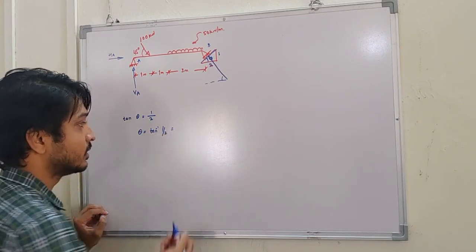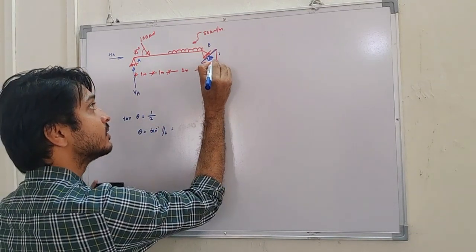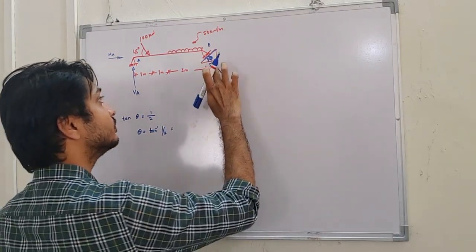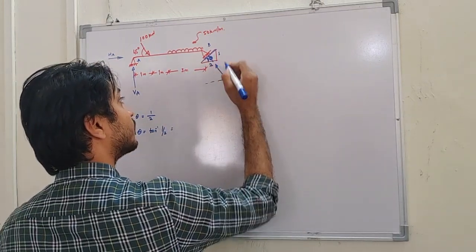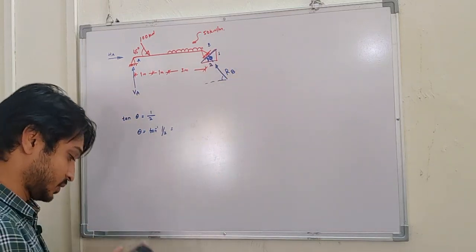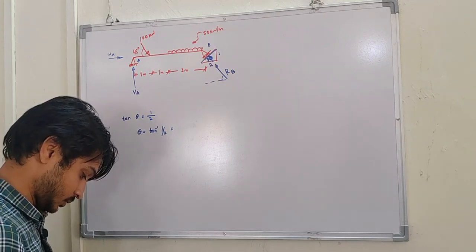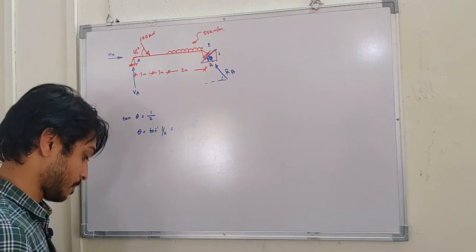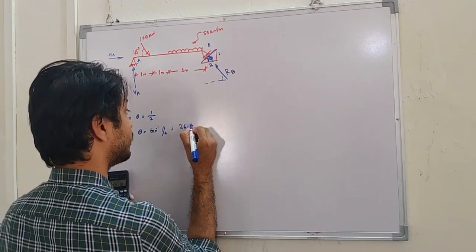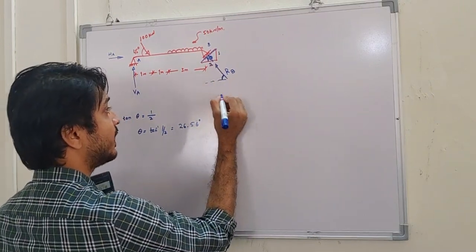This is the angle we are calculating, and I'll call this reaction at B. So theta is tan inverse of 1/2, which gives 26.56 degrees.